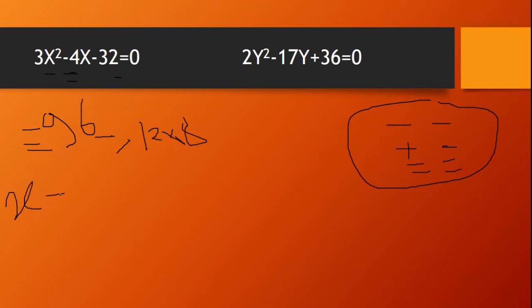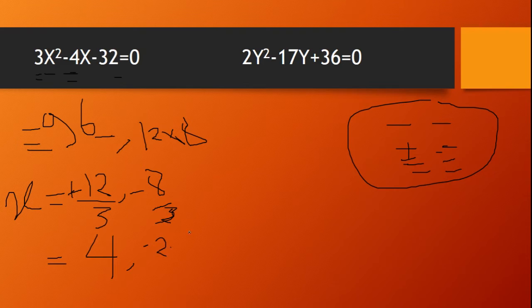So the roots will be x equal to 12 divided by 3 and minus 8 by 3, as the greater root 12 is plus and the lesser 8 by 3 is minus. So the roots will be 4 and minus 2.66.